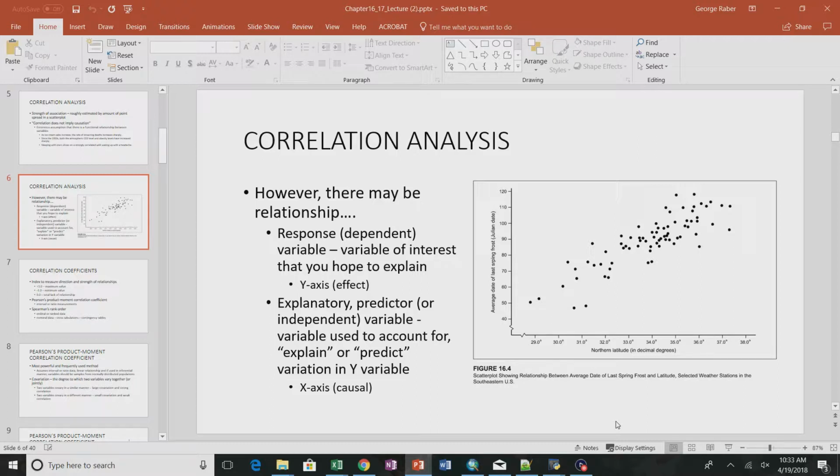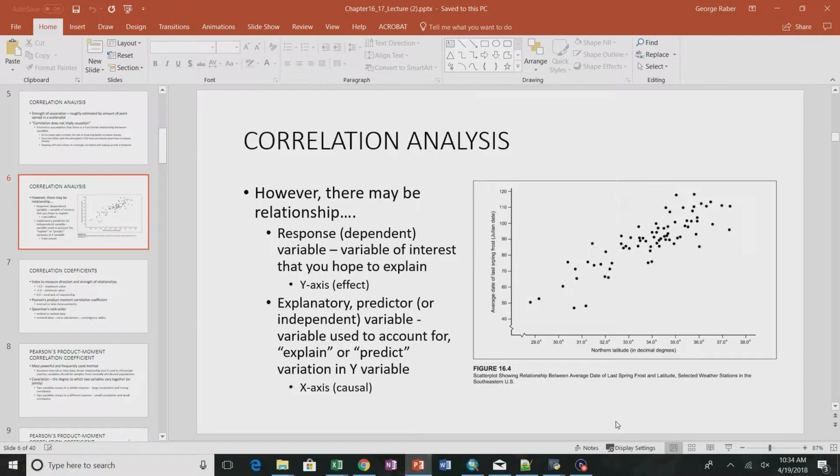And that's the mathematical model describing how if we go more northerly, we get a later spring frost day. So that line represents the model. The distances between the true value at that point and the model, those are the residuals, and they tell us a lot.